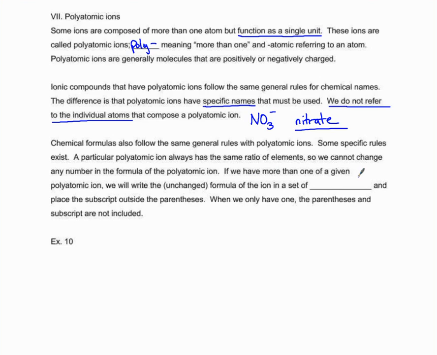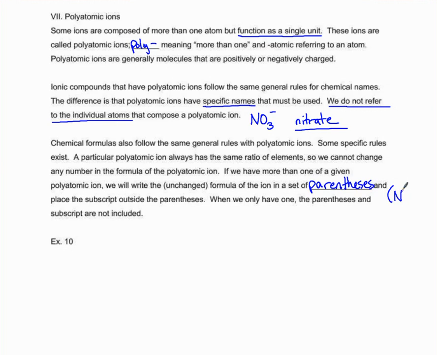If we have more than one of a given polyatomic ion, we will write the formula unchanged within a set of parentheses. And then we place the subscript outside of the parentheses. So let's say we had a compound with 2 of these nitrates, it would look something like this.